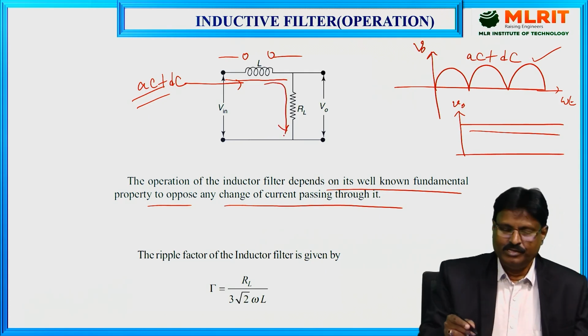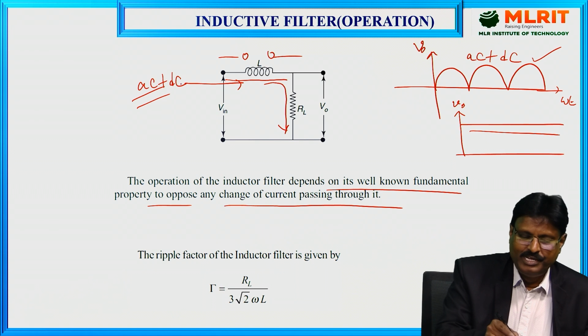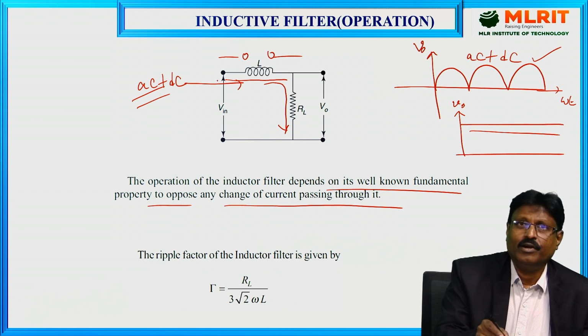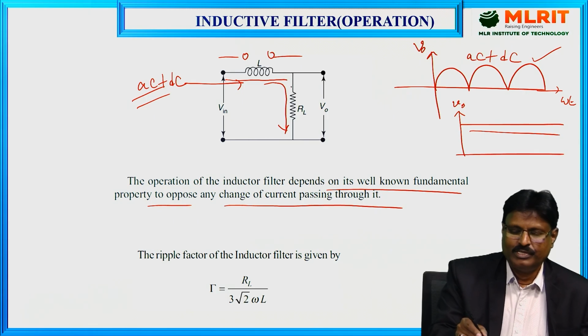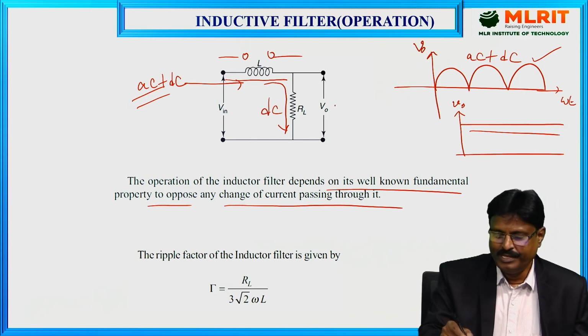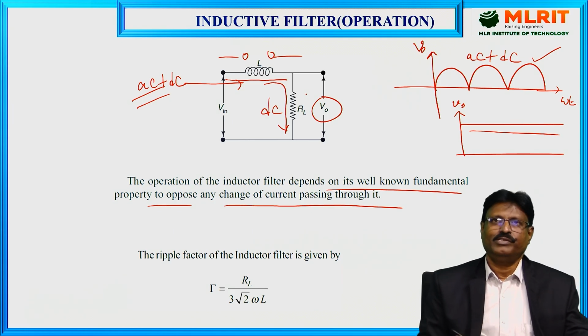Whenever DC current is applied, the inductive filter allows it, so only DC current will flow. That's why the output voltage will be a DC voltage. So this is the action of the inductive filter.